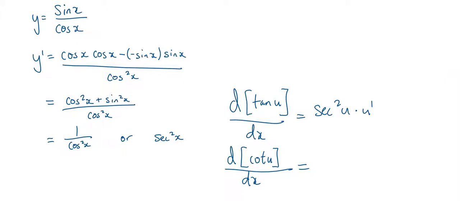Think about it more if you want to. It wouldn't make sense. Good guess though. It would be a common guess. Anybody else? Very close. Negative cosecant squared u times u prime. Kind of easy to remember because we had the negative already, so just remember that it's got a negative in it. I don't think that'll come up very much.